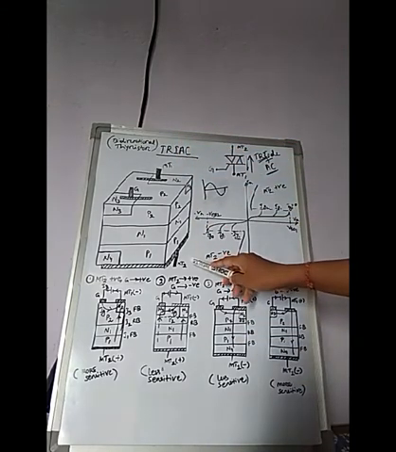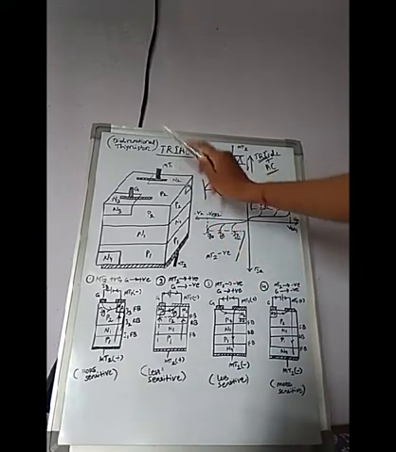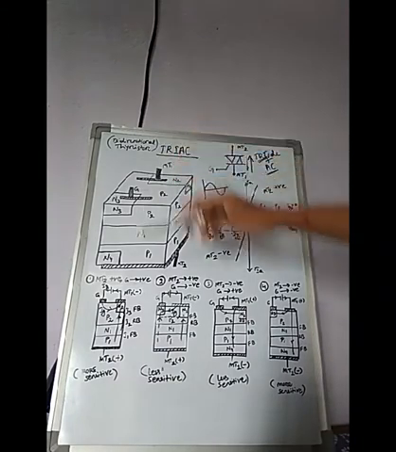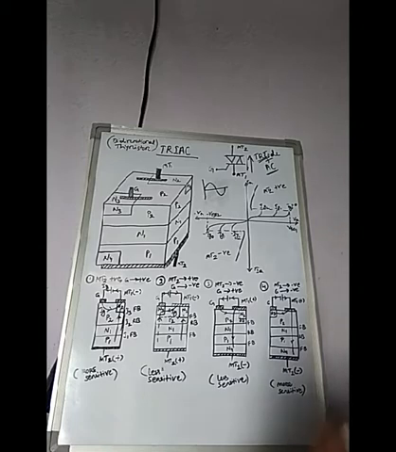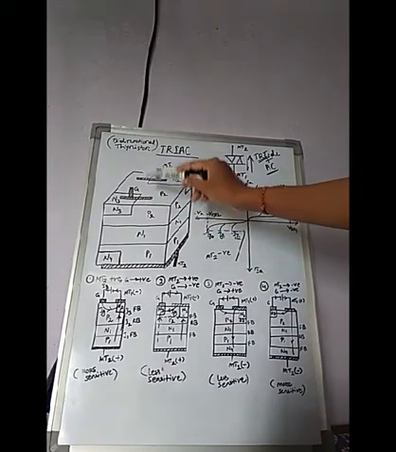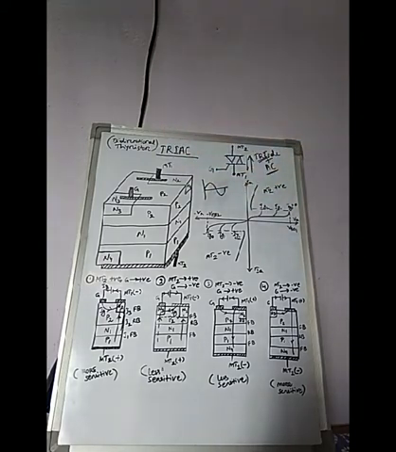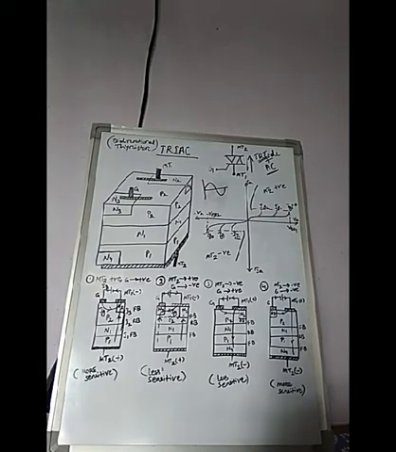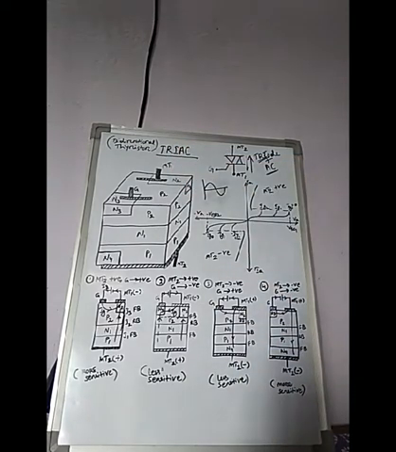When MT2 is positive with respect to MT1, MT2 is positive and MT1 is negative. Similarly, in the gate and MT1 circuit, when the gate is positive, that means MT1 is negative. When negative supply is given to the gate, MT1 is positive. So MT1 acts as the reference.